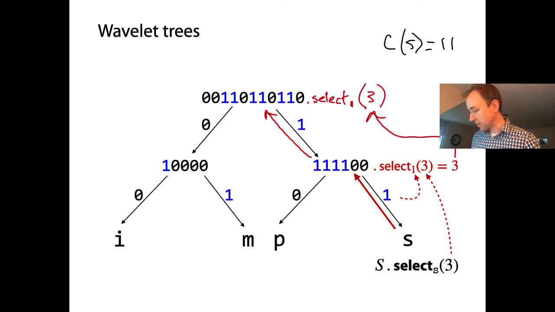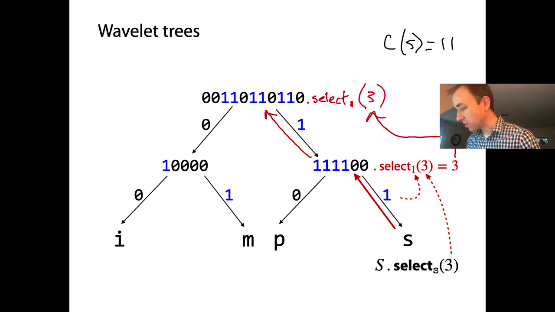Down here, when we were selecting the 1 of rank 3, we were trying to figure out what's the offset into this subsequence of the S that I was asking about down here. But that was with respect to this subsequence. So now, in order to resolve it with respect to this subsequence, I now need to do it again, except I need to select the 1 up here, right? That 1 now corresponding to the character class that included S up here, which is the character class S and P.